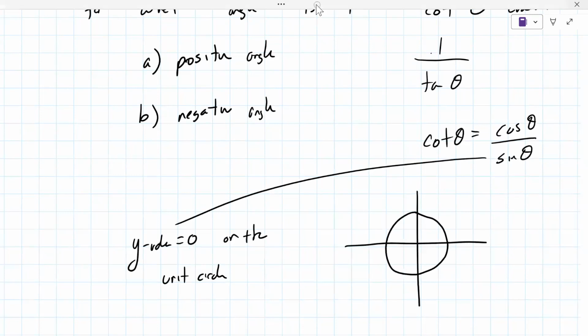And there's two places, there and there. So I'm trying to ask you what is that angle measure?